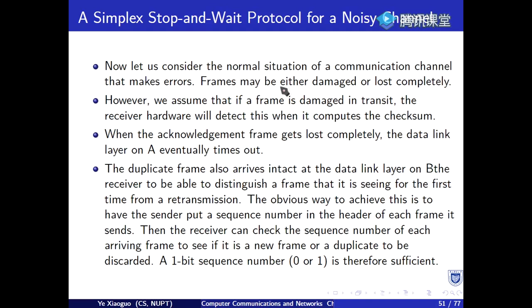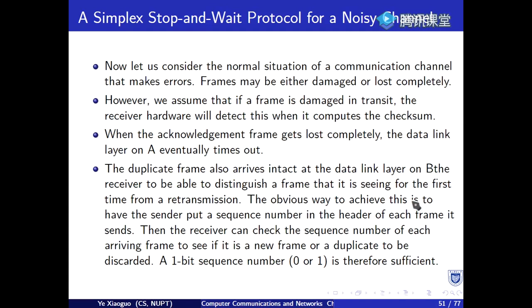The duplicate frame may arrive intact at the data link layer on machine B. The receiver must be able to distinguish a frame seen for the first time from a retransmission. So the duplicate frame can be determined.